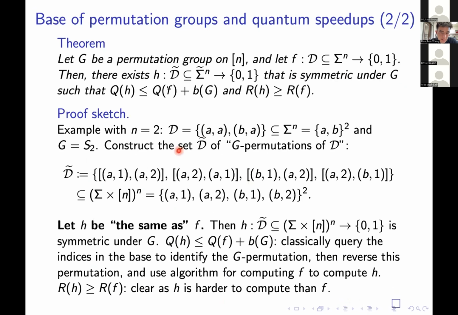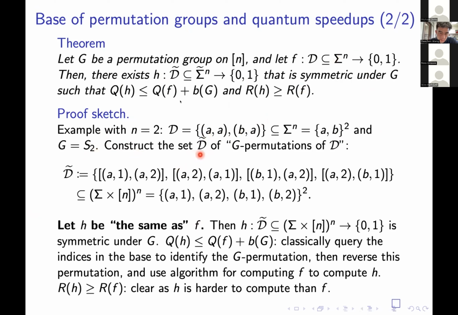Okay, so how do we prove this? Here's a sketch, with n equal to 2 as an example. We consider D to be the set of 2 elements, each being a tuple, the first one being (A, A), the second being (B, A). And we consider G to be just S2, so this just contains the identity element and the transposition that swaps 1 and 2.